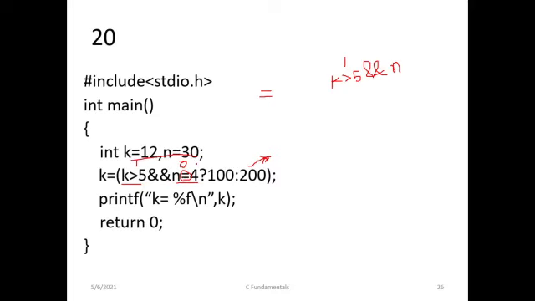Since this has the least priority, N will be taken for the checking. What is N? 30. 1 and 30 means this is also non-zero, this is also non-zero. True, true. So true and true will get a true, that is 1. You will get 1 assigned with 4.